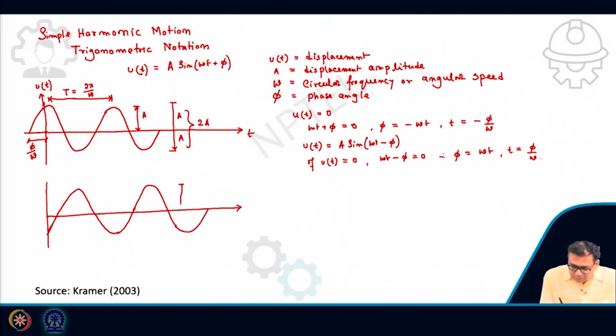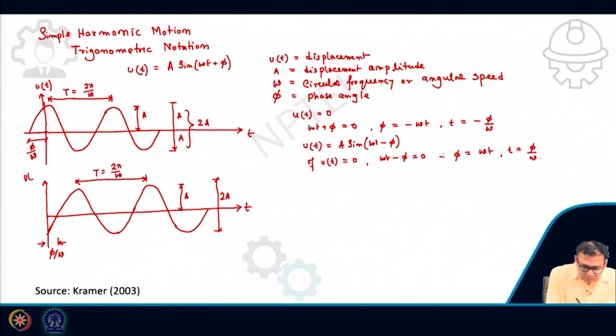So here also this is your amplitude A, and this one is equal to the time period, that is 2 pi by omega. And now what would be this value? This t value, you can see t is equal to phi by omega. So this will be phi divided by omega, and obviously this total one will be equal to 2A.